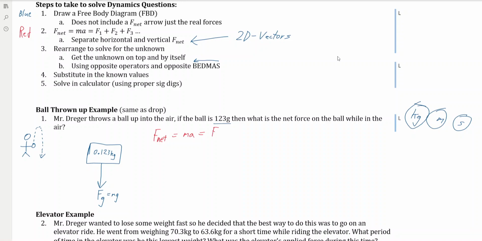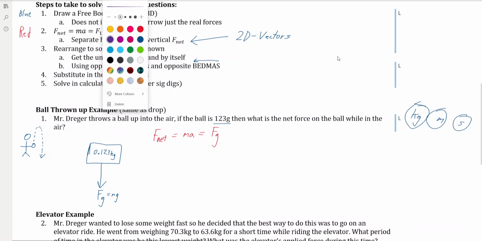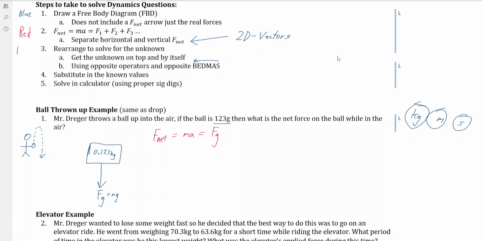Well, all your forces added, there's only one force, Fg. So now, what are we looking for? I guess we'll do this in purple. What's our unknown? Our unknown is the net force, so we're looking for F-net.